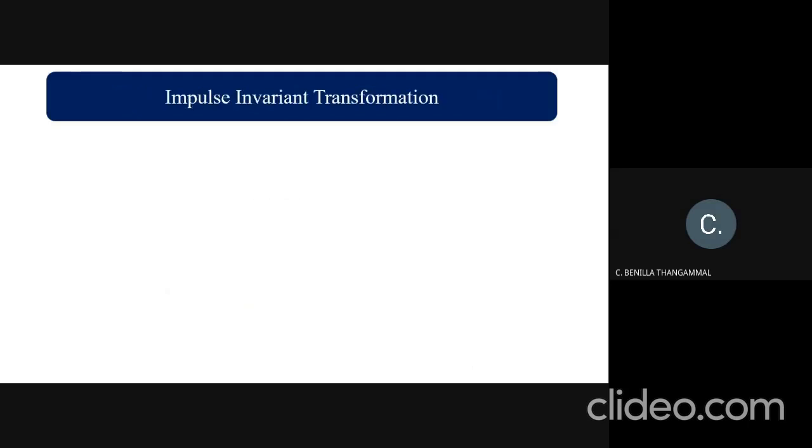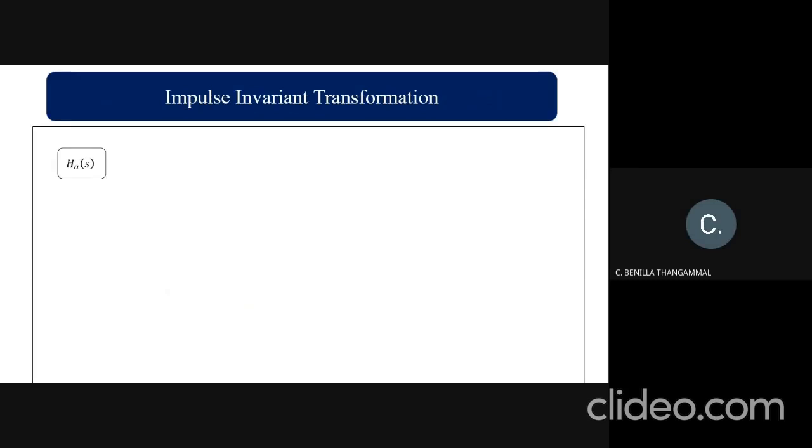So how are we going to convert the analog transfer function into a digital transfer function using the impulse invariant transformation? The basic idea behind this derivation is that we find the inverse Laplace transform of the analog transfer function, which gives h_a(t). I sample this impulse response uniformly with a time interval of capital T to get h(n).